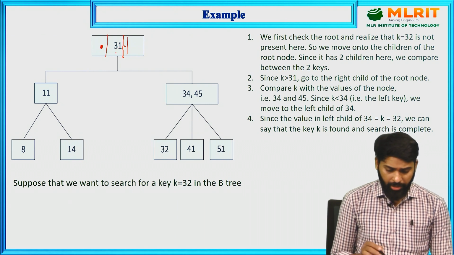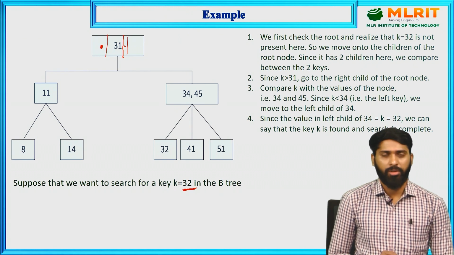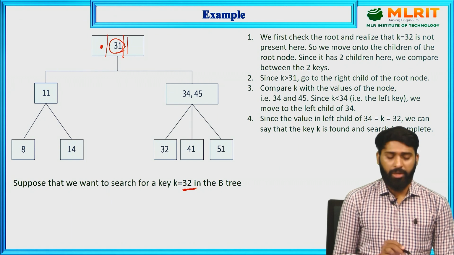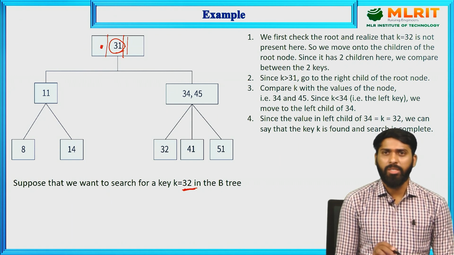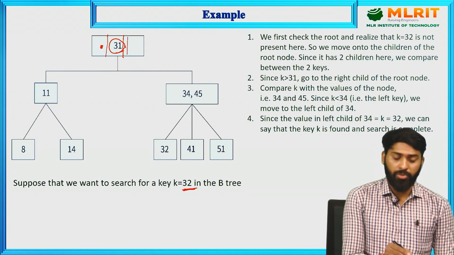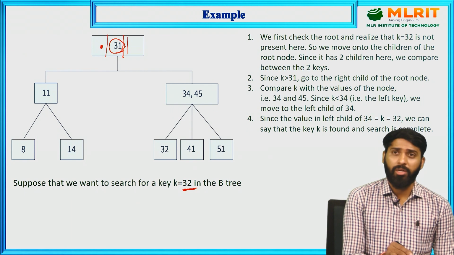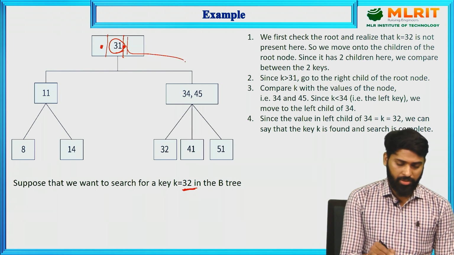Suppose I am searching for 32, so K equals 32. How do we compare? Does 32 equal 31? No. Is 32 less than 31? No. So 32 is greater than 31, so we traverse to this node.